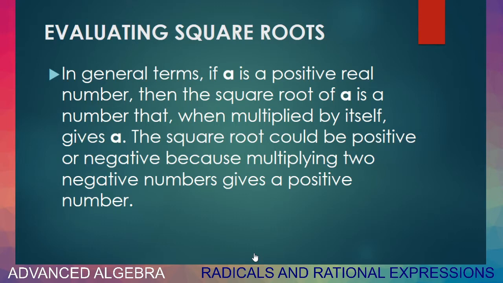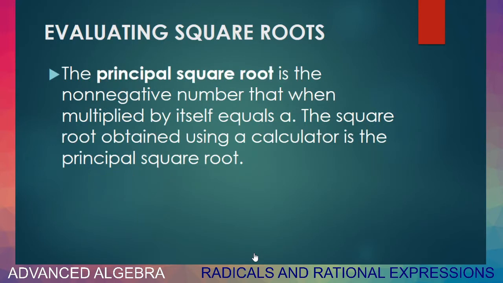Next, the principal square root is the non-negative number that when multiplied by itself equals a. So yung a diyan, assume kunwari si a is a number. So, siya daw ay non-negative number. So, ang principal square root daw niyan ay a.